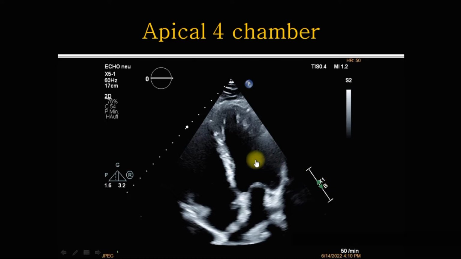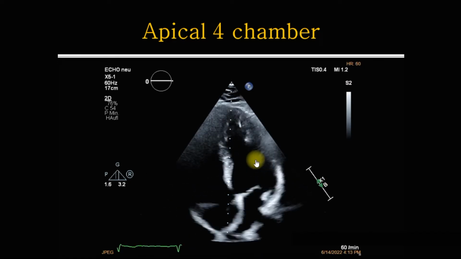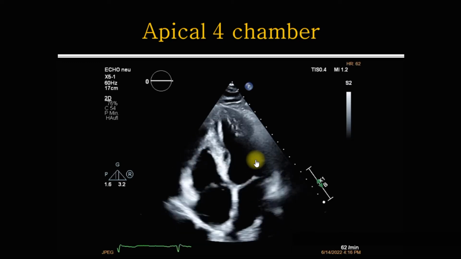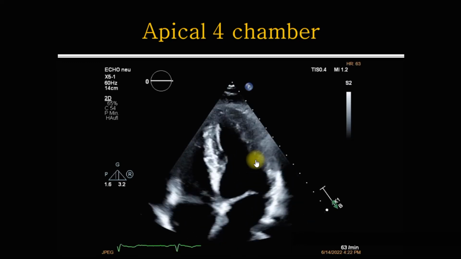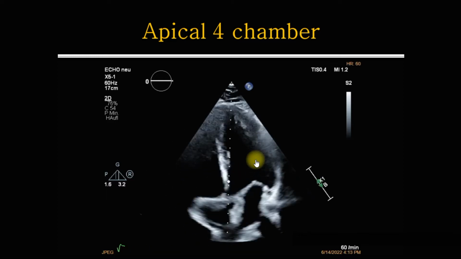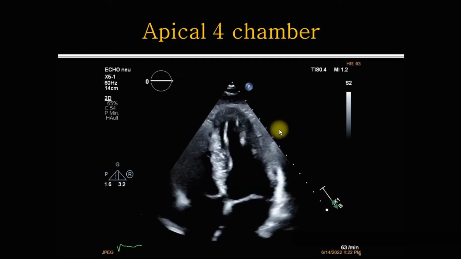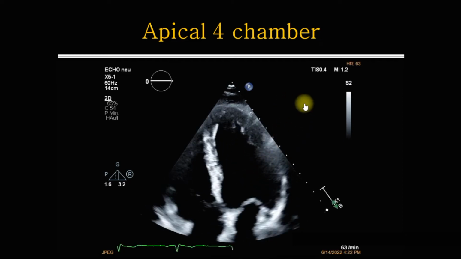An important tip here: the left ventricle should be in the middle of the screen. Sometimes when we want to get an apical 4-chamber view, the ventricle is oblique, and we can't get the view so that the left ventricle is in the center of the screen.